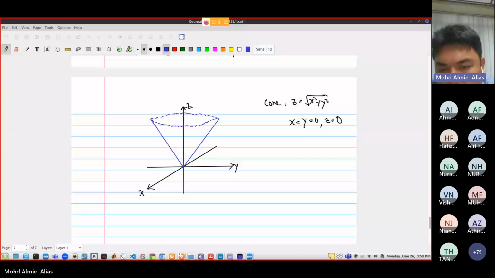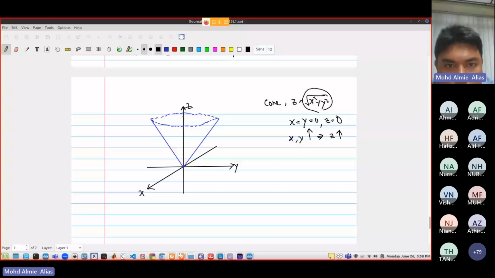As x and y increase in value, then Z also will increase, because it has a direct relationship here. This is always positive, this is always positive, so this is always positive, and it will increase as x and y increase.